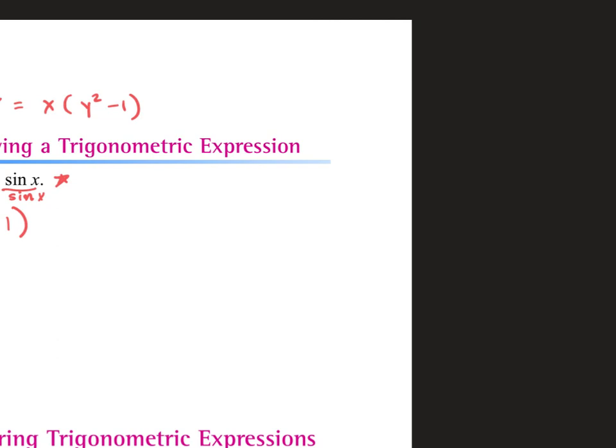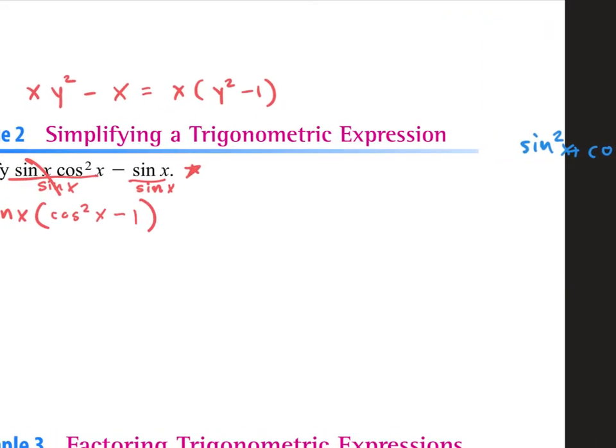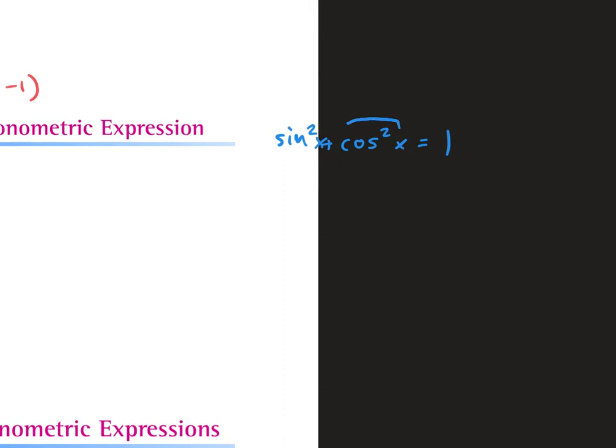So the one that involves cosine is sine squared plus cosine squared is equal to 1. Now my goal is to substitute something in for this cosine. So I want this to be cosine squared of x equals something. So how do I get that cosine squared of x all by itself?